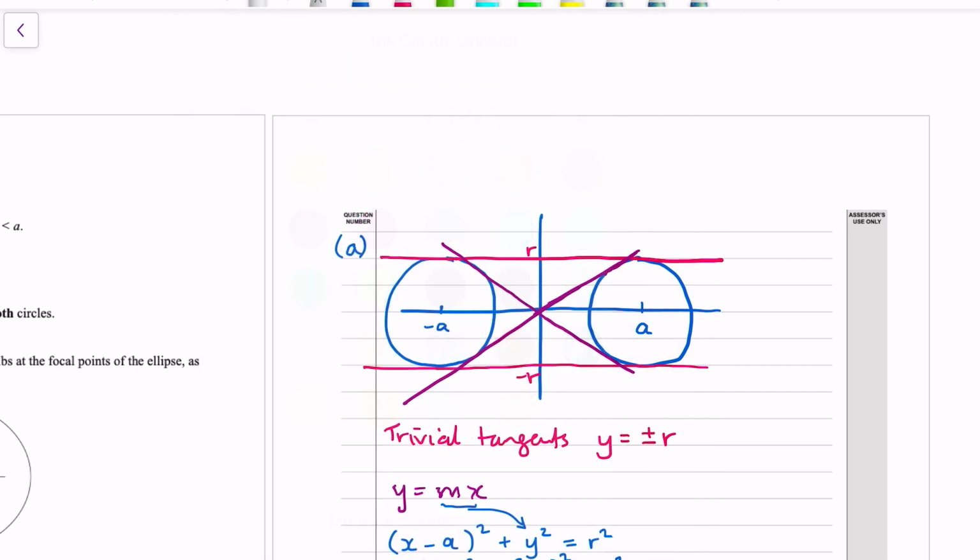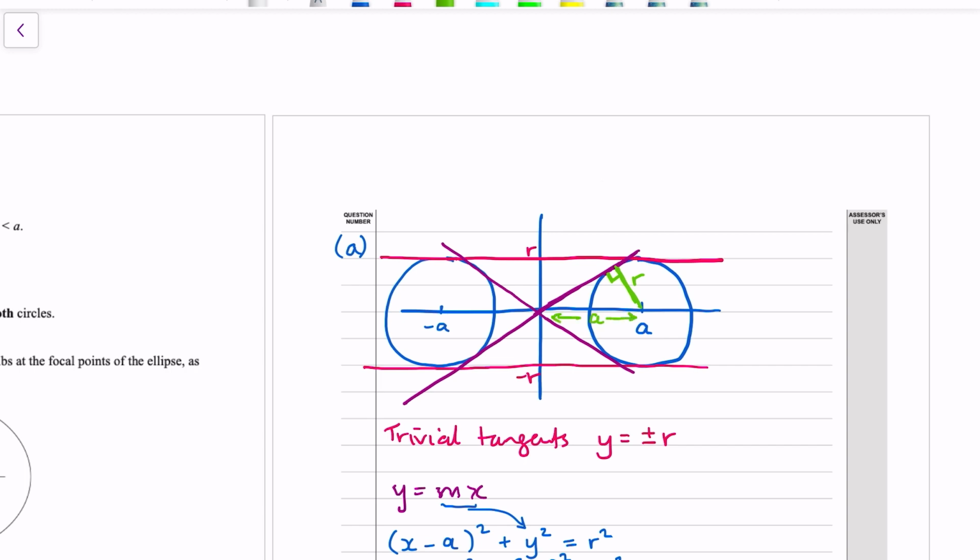Now, let's go back to this diagram and do this really, really quickly. Hopefully you spotted it, but if we just draw a right angle in there, because we know that the line will be tangent. Now, how do I find the slope of that? Well, first up, I know that this is r, and I know that this length here is a.